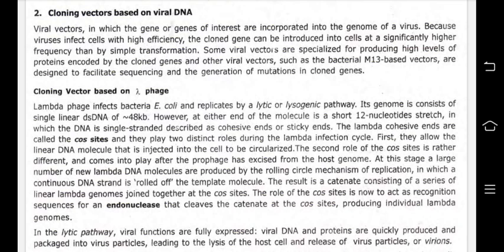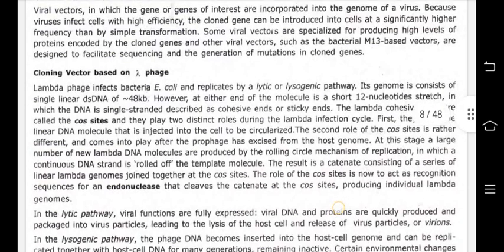The result is a concatemer consisting of a series of linear lambda genomes joined together at the cos site. The role of the cos site is now to act as a recognition sequence for a nuclease that cleaves the concatemer at the cos site, producing individual lambda genomes.